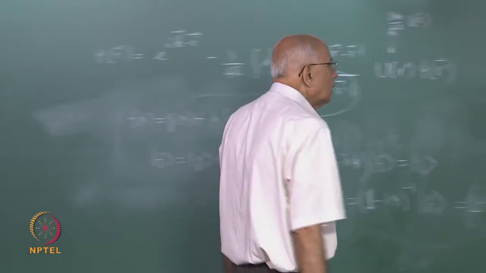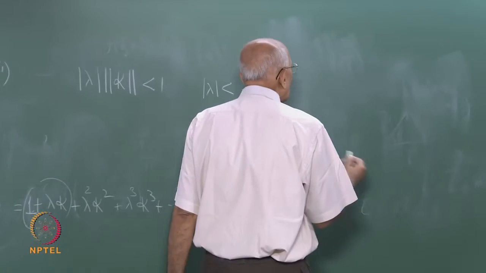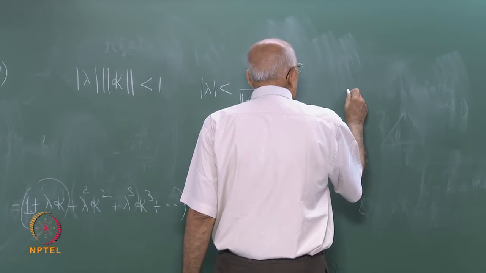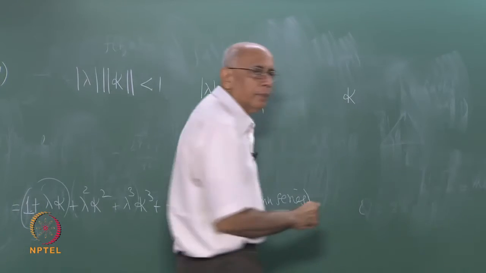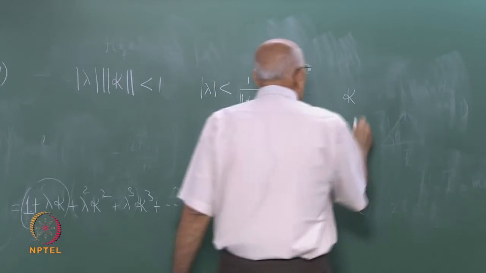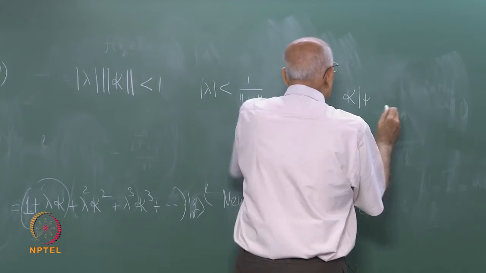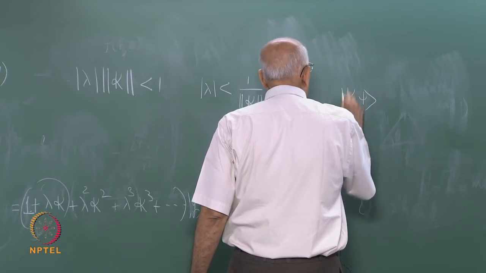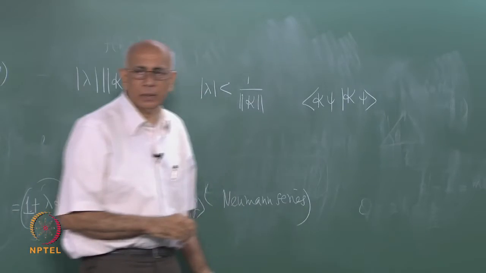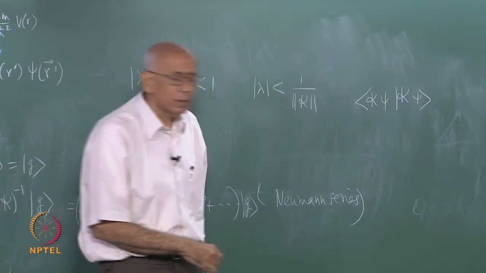I do not know what notation you are using, but let us use Dirac notation. So what you do is to take this operator k and act on every vector in the linear vector space. So k on psi, let us just call it k psi, and take the inner product of this vector with itself.